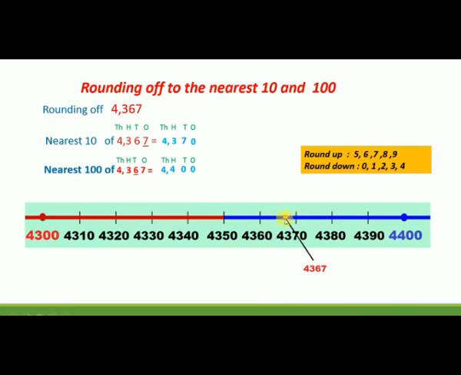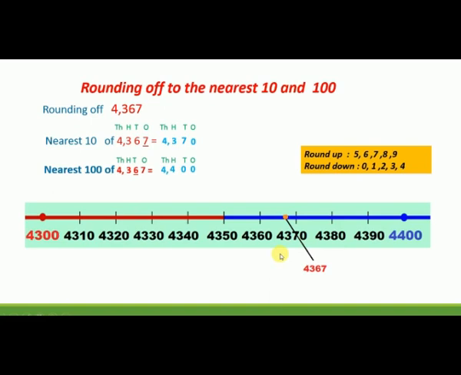Yes, so the number 4367 lies between 4360 and 4370. So among these two tens, which is the nearest 10 for the given number? Yes, that is 4370. Now let us see which is the nearest 100.